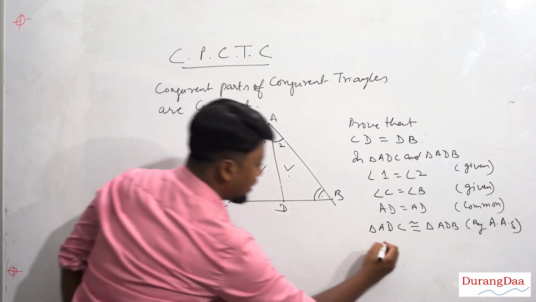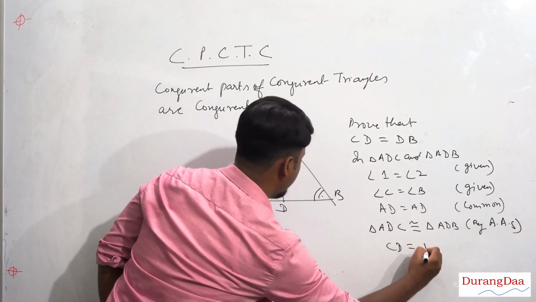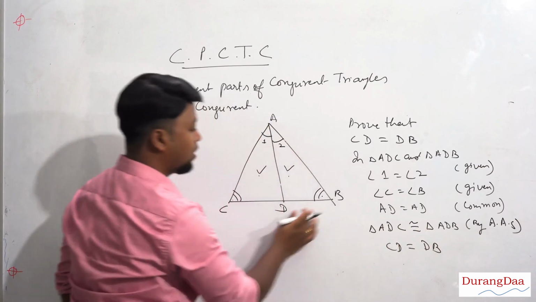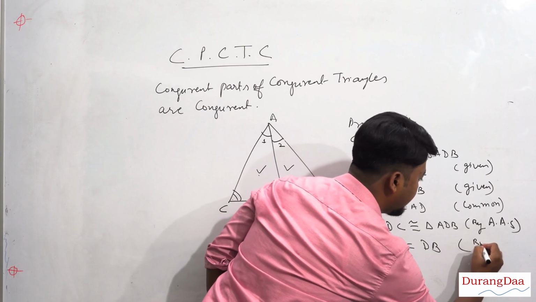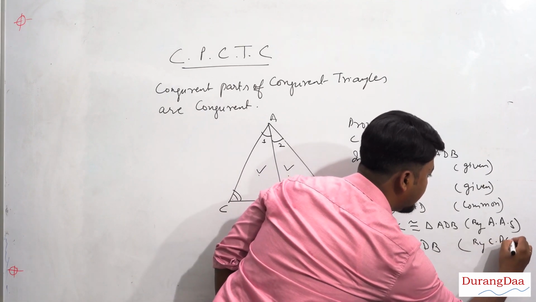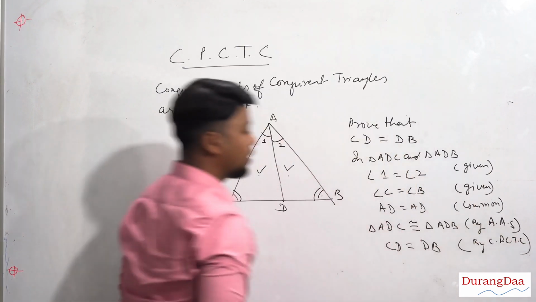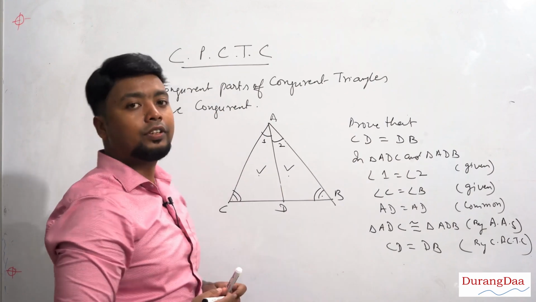So clearly CD is equal to DB because they are corresponding parts of two congruent triangles. So directly just write here, by CPCTC. That is how you will use this result.